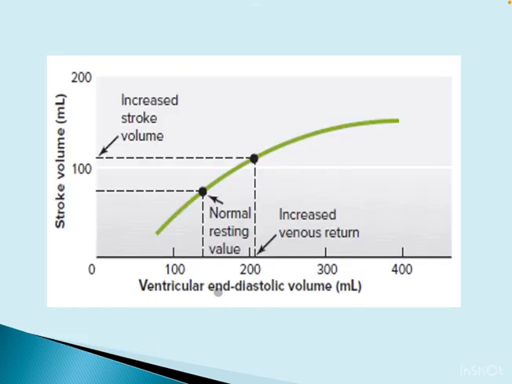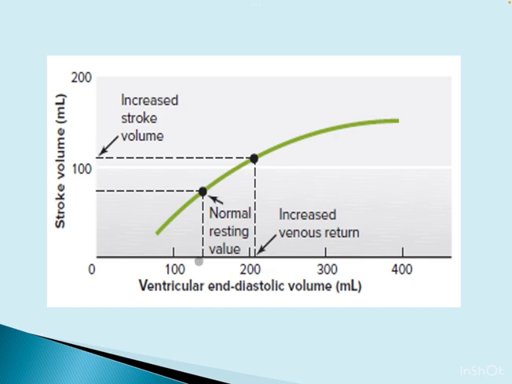This is a figure showing a ventricular function curve, which expresses the relationship between end diastolic ventricular volume in ml and stroke volume in ml. The horizontal axis could have been labeled as sarcomere length and the vertical axis as contractile force.